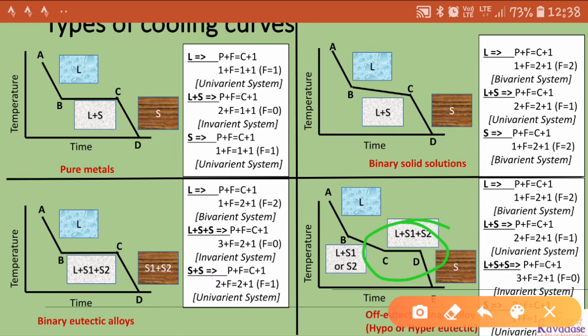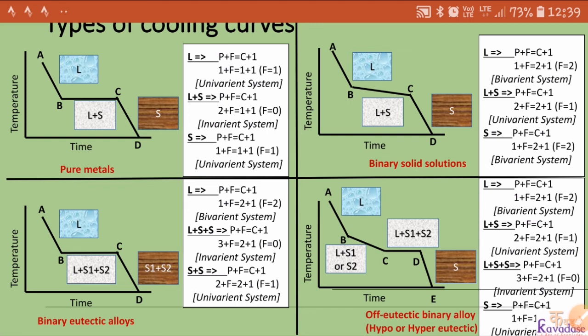And in the last line, D to E, you observe the number of phases is 1, only the solid phase is there. So phase is 1 and number of components is 2, okay. After substituting the values you will get the value of degrees of freedom.